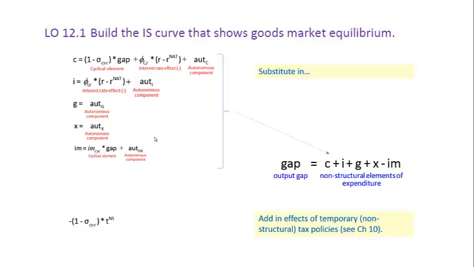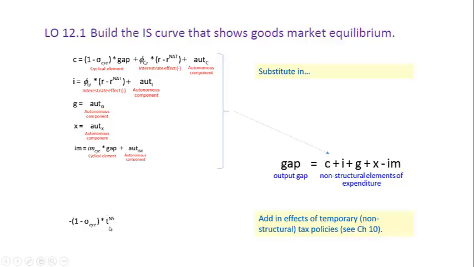Okay, so we substitute everything in. What we've done is we've added some interest rate effects here. There's another little change that I said we're going to make, and that is we're going to add the effects of temporary non-structural tax policies.